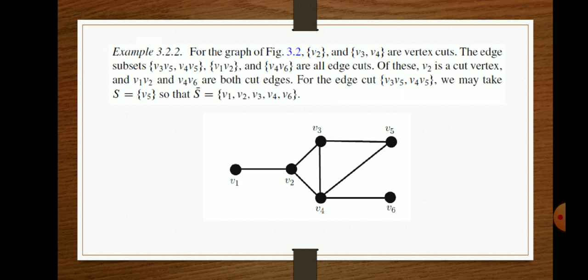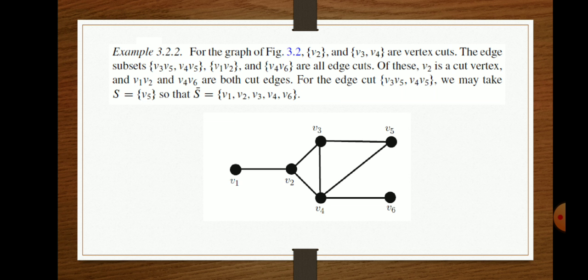After removing these edges, we have a disconnected graph. Just removing the edge V1 V2, the vertex V1 is separated from the given graph G. Like that, removing the edge V4 V6, the vertex V6 is separated from the graph G. Therefore the given graph is disconnected.